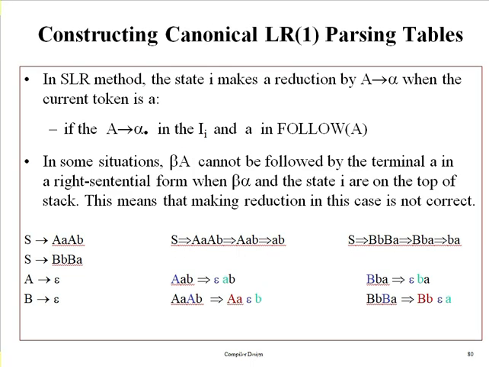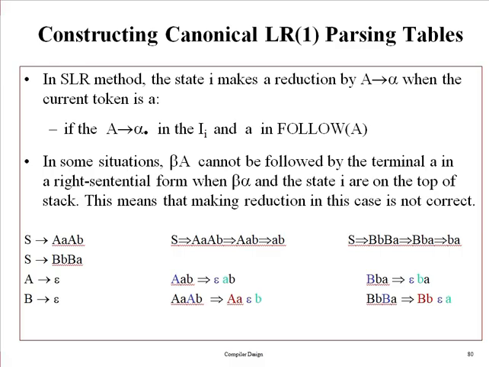The next one is constructing the CLR parsing table. This is a very simple concept. In the CLR parsing table, we reduce unnecessary reductions, or we minimize unnecessary reductions. We can avoid unnecessary reductions by adding parameters.